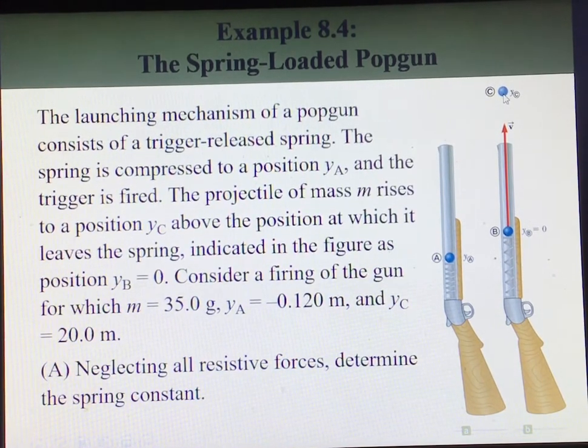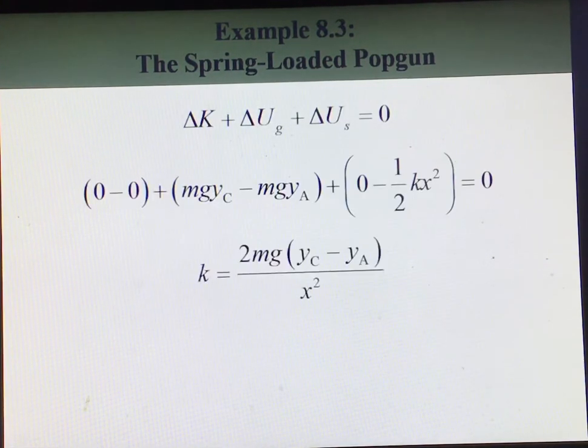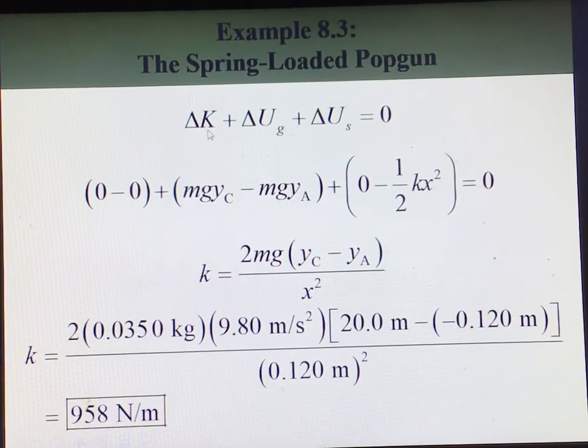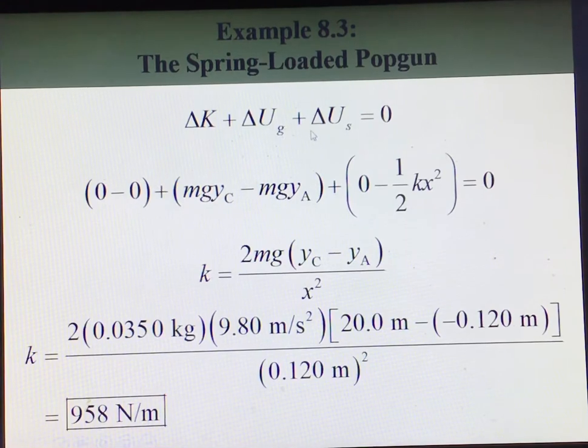In this example, there are 3 types of energies that I'm interested in: the kinetic energy of the system, the energy of the spring, which is the elastic potential energy, and the gravitational potential energy. So we can set up the system: the change in the kinetic energy plus the change in the gravitational potential energy plus the change in the elastic potential energy of the spring has to be equal to 0.